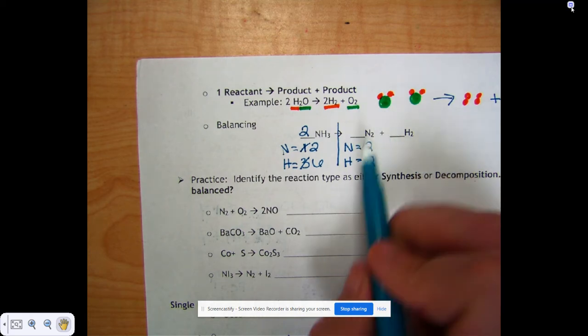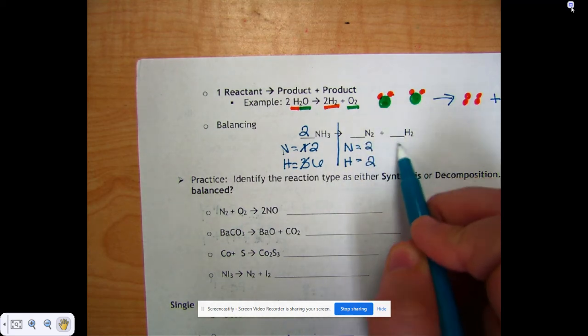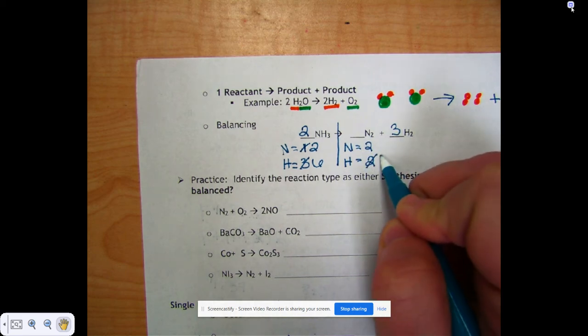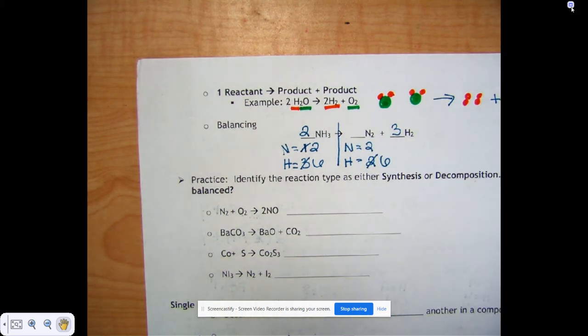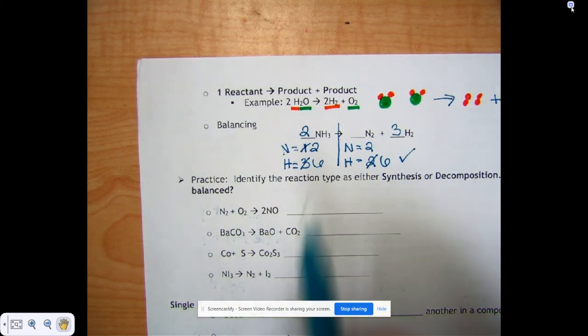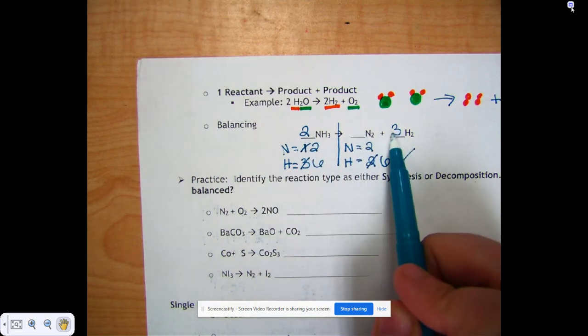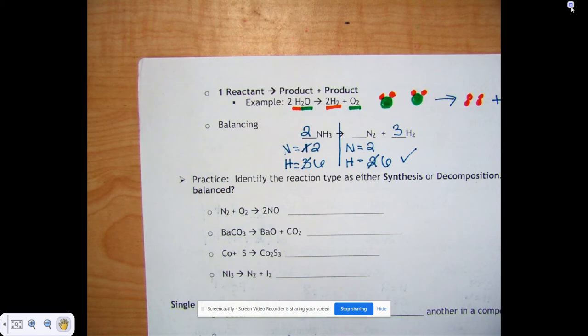And they never matched before. How do I make this 2 into a 6? That's right, by adding a 3. So that gives me 6 on that side. And so have I balanced my equation? Yes, I have. Let's check to make sure it's in simplest form. 2, 1, anytime you have a 1 or any prime number like 3, it's going to be in simplest form.